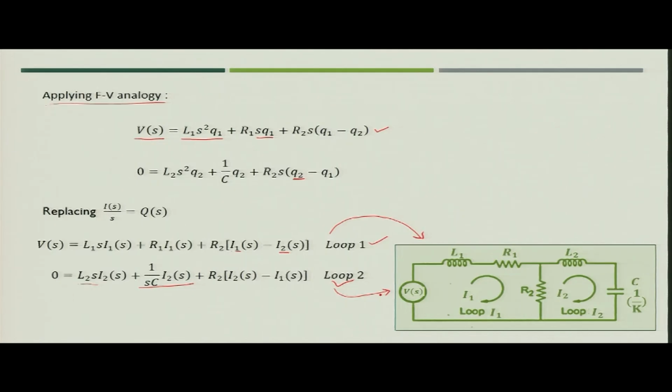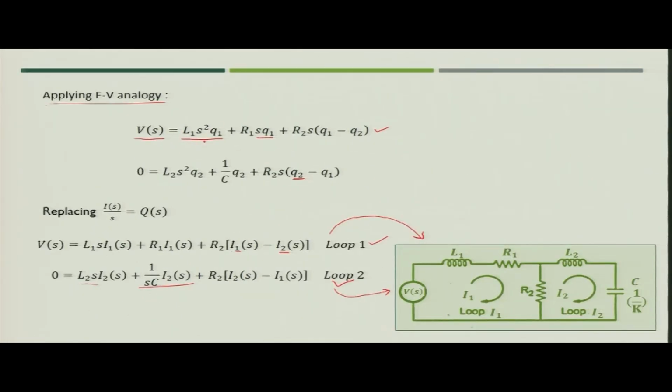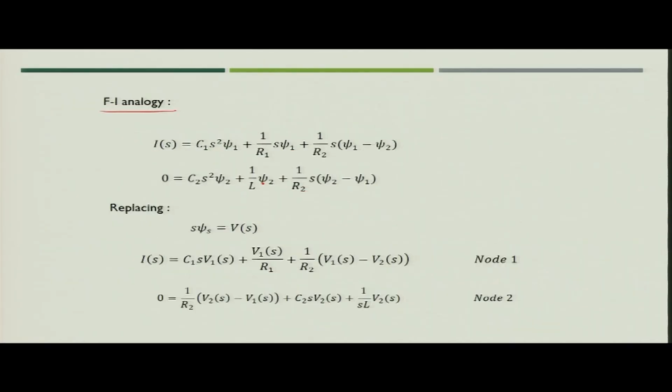Now, the second case is that you can create the force-current analogy also. In that case, instead of writing the voltage analogous equations, we will write the equations for current analogous.